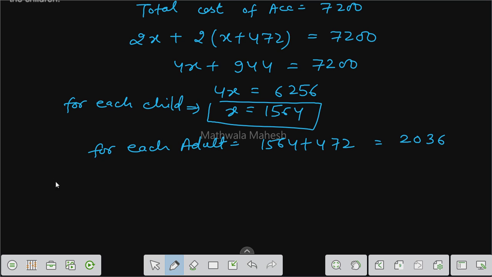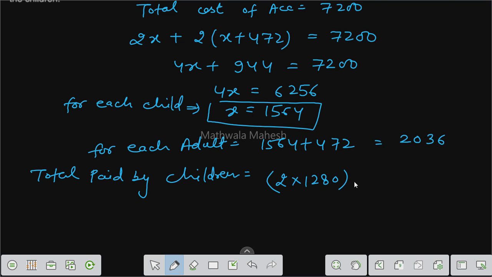Now the total paid by children equals the flight for two children, which is 2 into 1280.